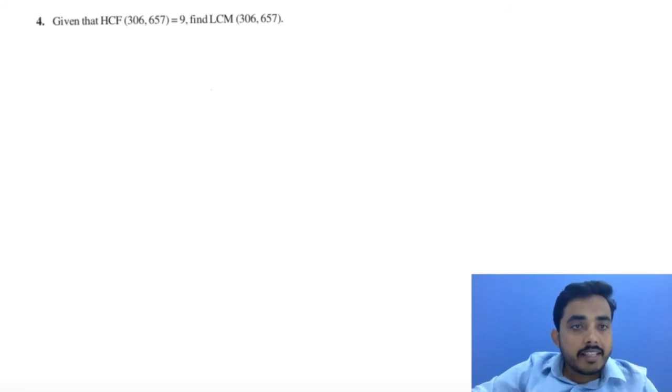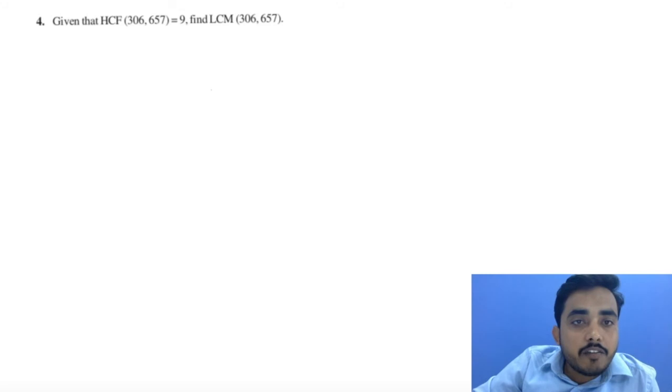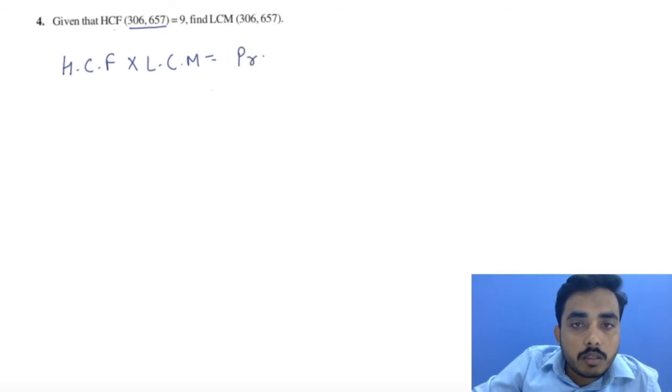So student, here is question number 4 on our screen, in which we are given that HCF of 306 and 657 is 9, and we need to find the LCM of both the numbers. So as we know that HCF into LCM of two numbers is equals to product of numbers.